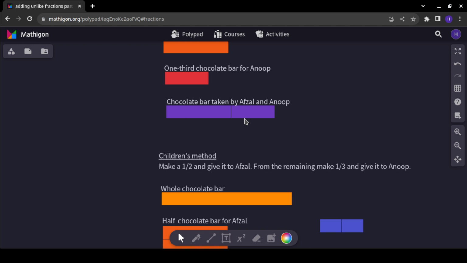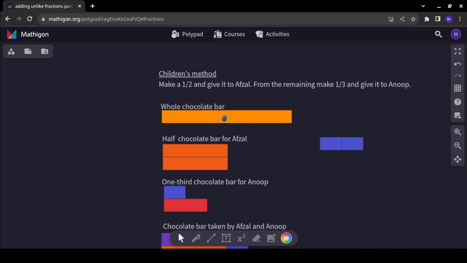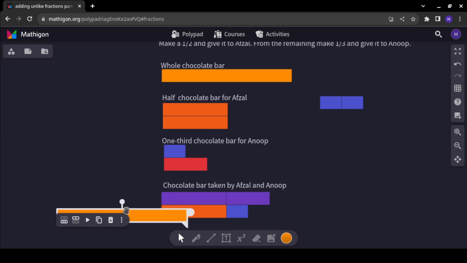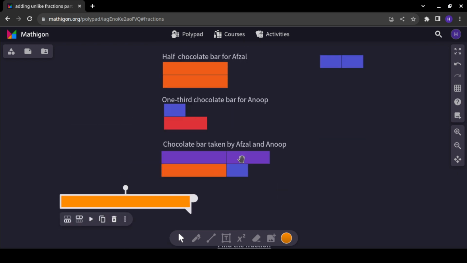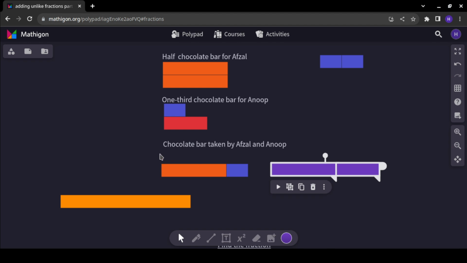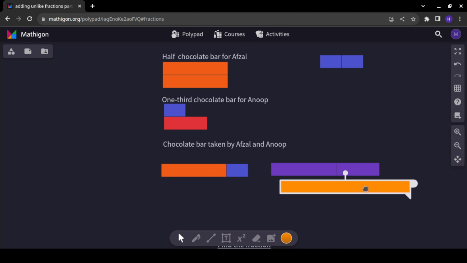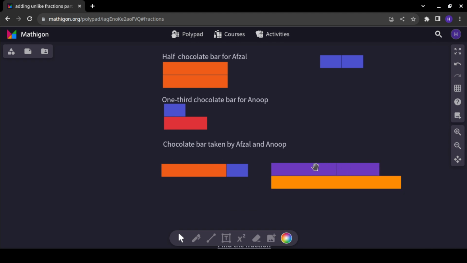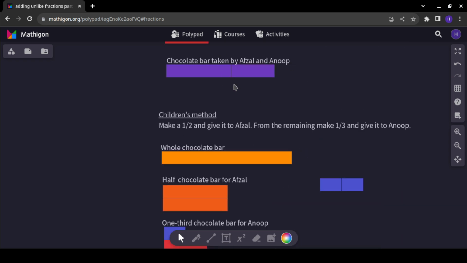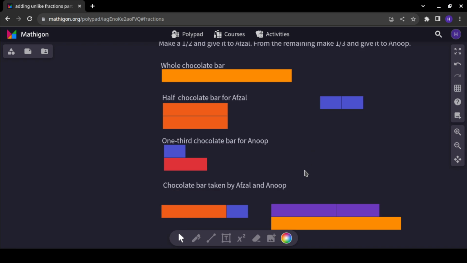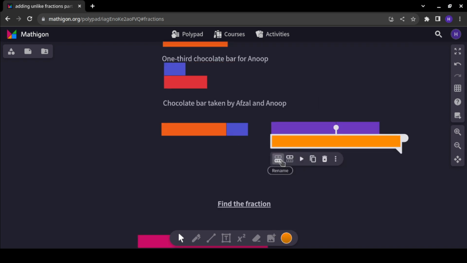So let's verify it. This is also something very easy to verify. So at the whole chocolate bar here, we know that this should be what Anup and Afzal should have eaten together, because we've put it together ourselves. So now we'll see whether this is 2 by 5.